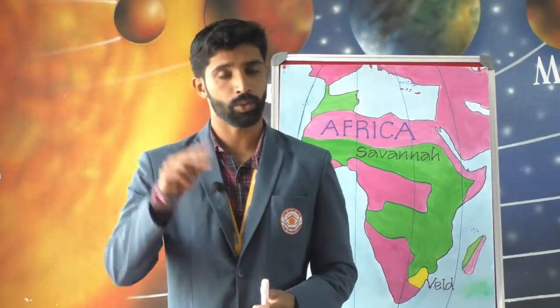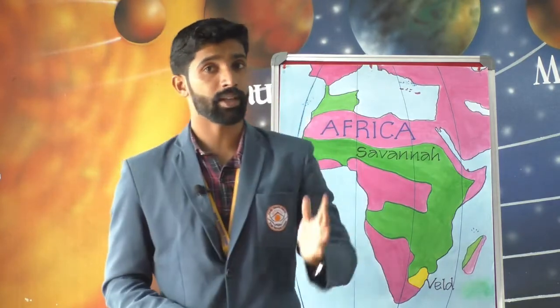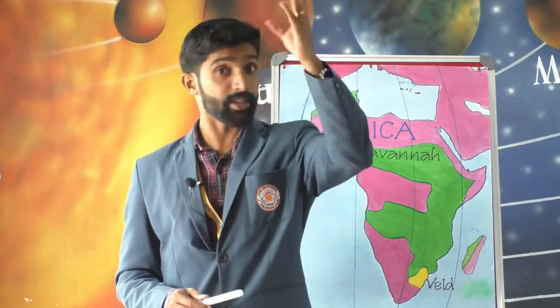So dear kids, let's have a recap of our chapter. We have learned mainly two temperate regions. One is the prairies and another one is the veld. The prairies in North America are located in Canada and in the USA. The prairies have extreme climate with light rain in summer and strong winds.